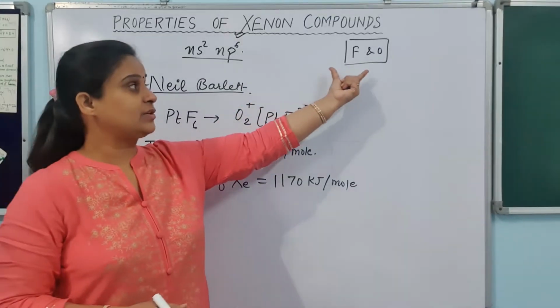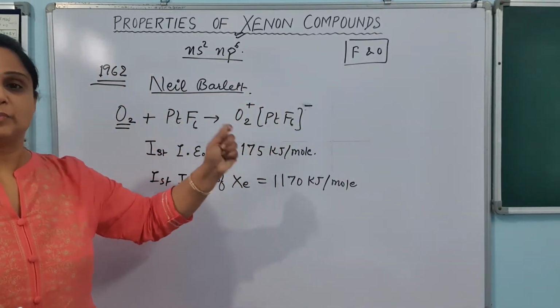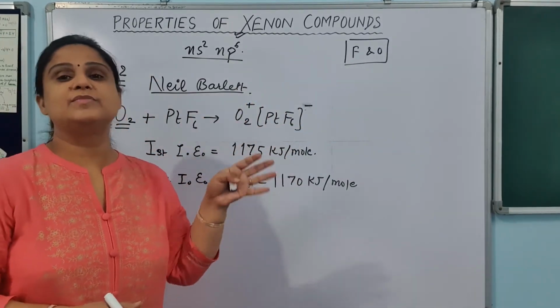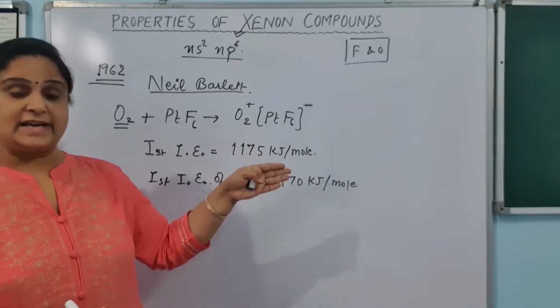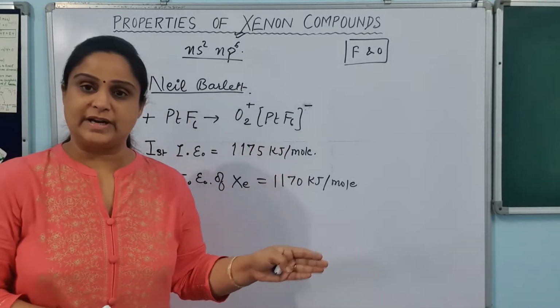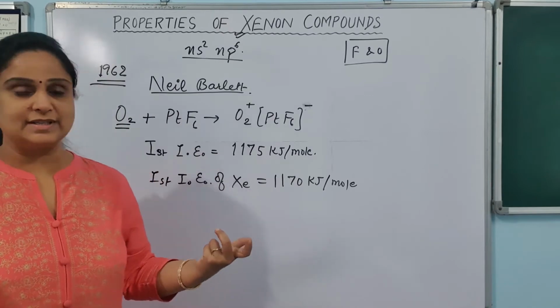So with fluorine and oxygen, xenon can make compounds, and these are xenon oxides, xenon fluorides, and xenon oxofluorides. So 3 types of compounds we are going to discuss in this video.